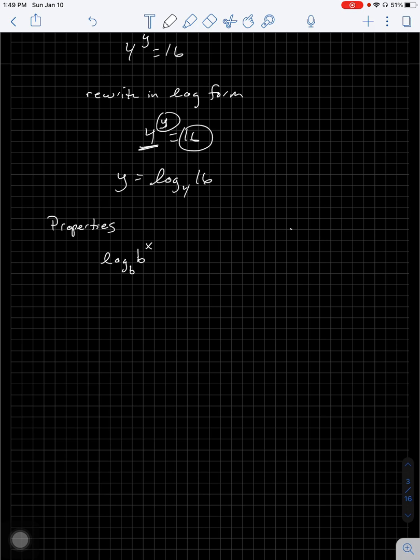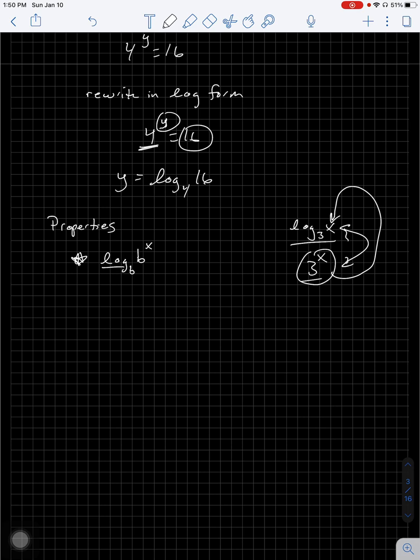So log base 3 of x is the inverse function of 3 to the x. The way they work is in composition. If you take this and plug it into the log, they cancel each other out, which is what you're looking at in this property.